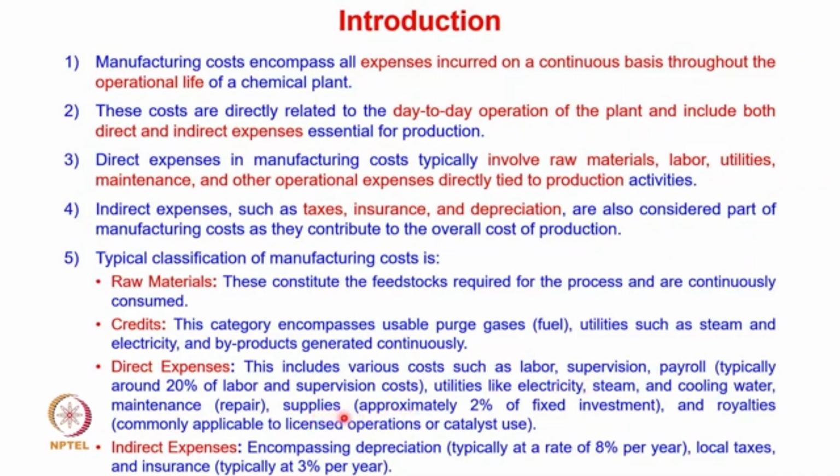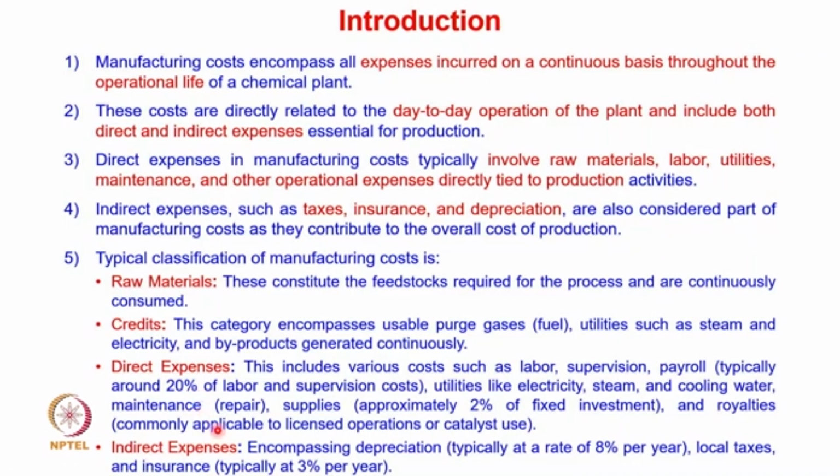Supplies are around 2% of the fixed investment. And the royalties: usually if we are taking any licensed product, we have to pay royalties to the original companies. So these are used whenever we are using some specific catalyst or some specific process.